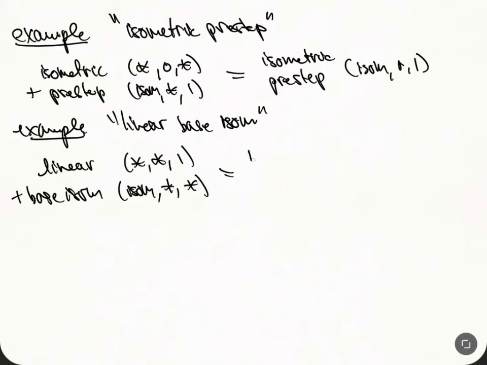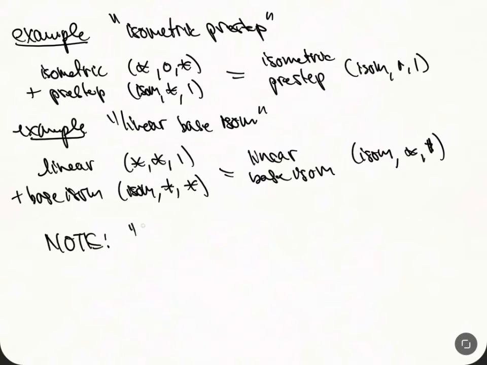Okay, so then we get a linear base isom, and it looks like an isomorphism here and then 1. Okay, so notice that a linear base isom is equal to a pre-step. Okay, so some of this language is redundant. That's kind of the point of this. All right, well, that's that.